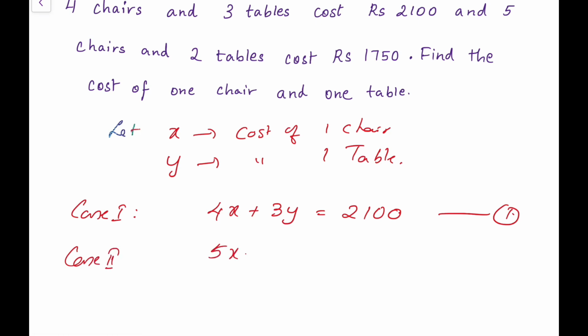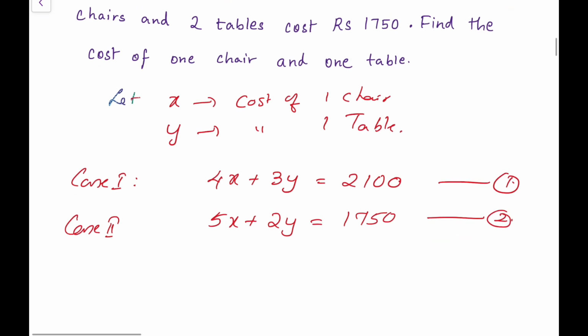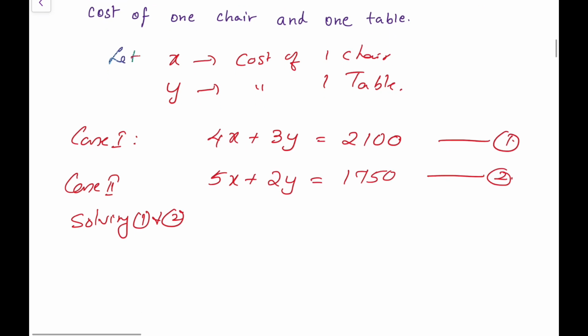Then second is 5 chairs. So 5x plus 2 tables, 2 into y equal to total amount is 1750. Now solving 1 and 2. Now here you will multiply the first equation into 2.